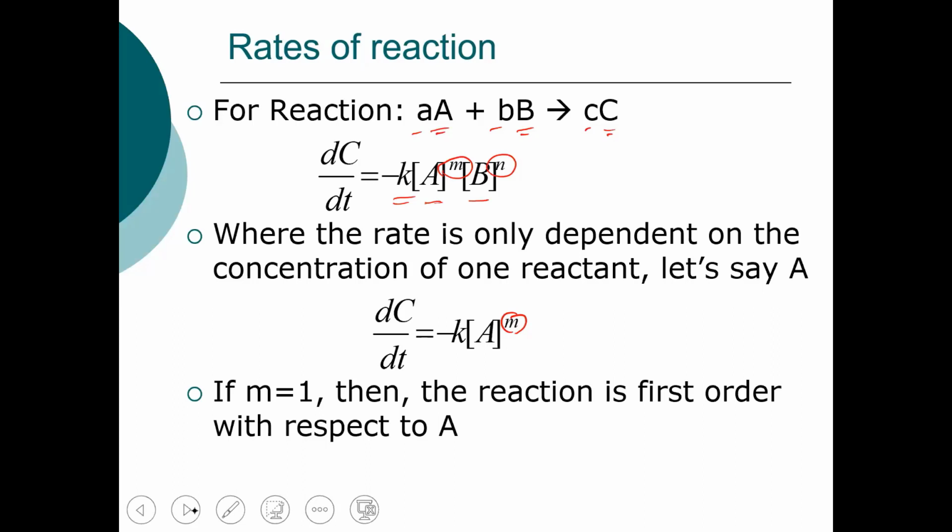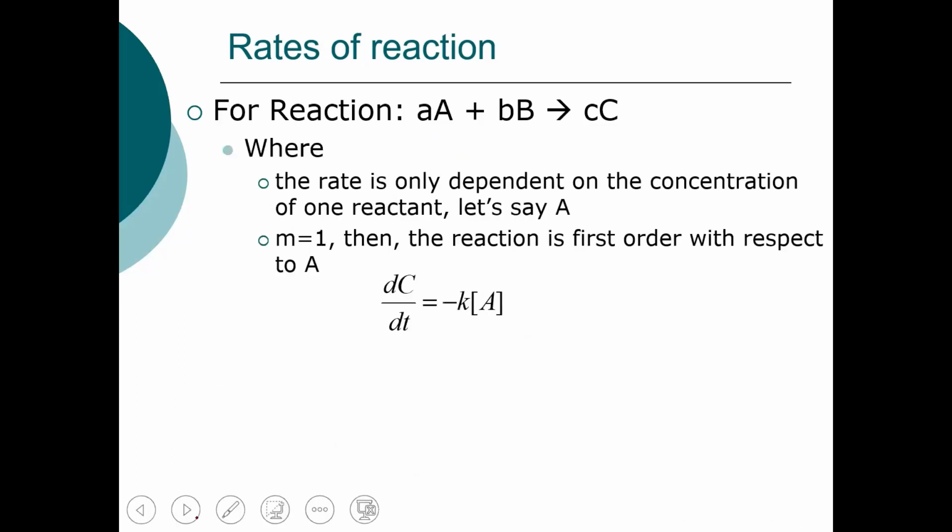Now, if M is equal to 1, then the reaction is first order with respect to A. It's 0 order with respect to B. And we can write an expression that says that the change in C with respect to time is equal to a rate constant times the concentration of A.